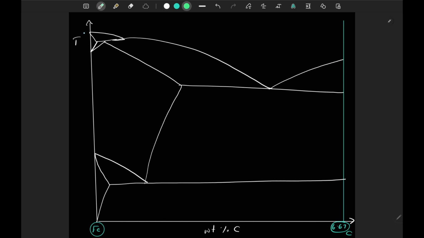Now let's mark the different points A, B, C, D, E, F, G, H, I, K, L, N, P, Q, S.